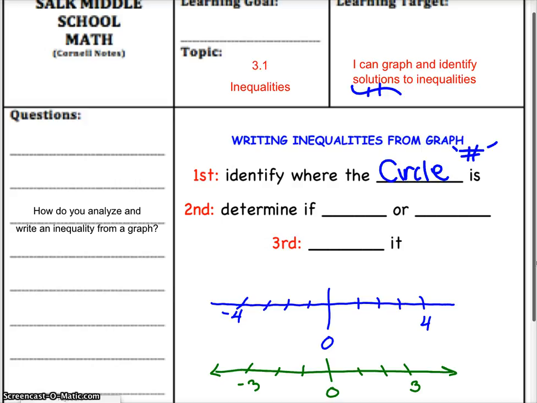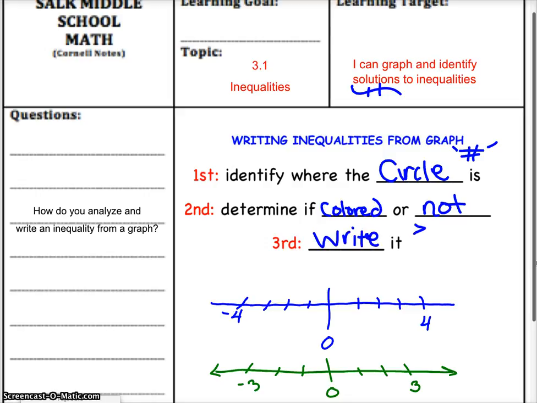And then you want to determine if it's colored in or not. And you can tell if you color it in, you put a line under the inequality. If you don't color it in, you don't put a line. And then you're going to write it.